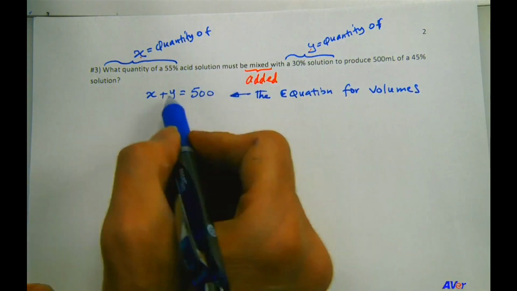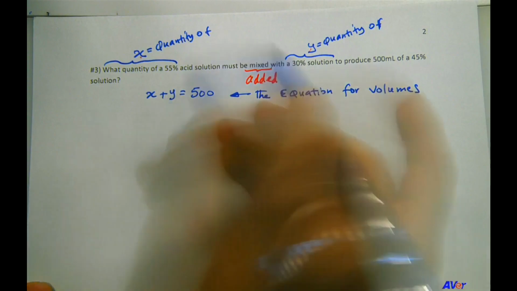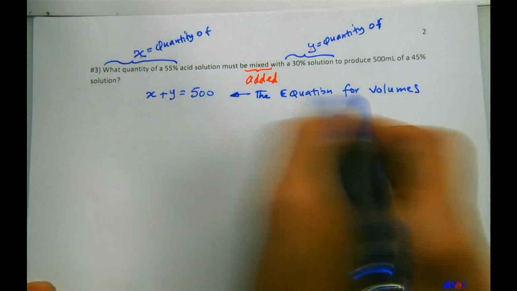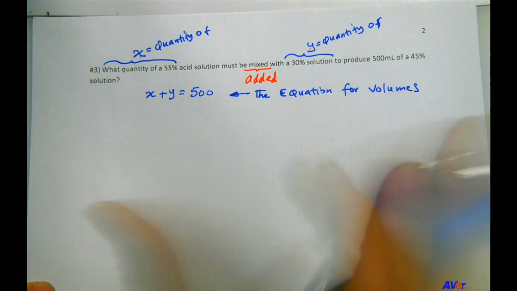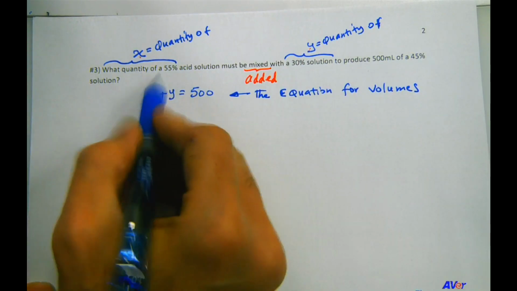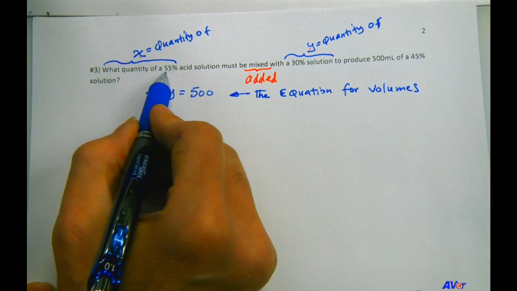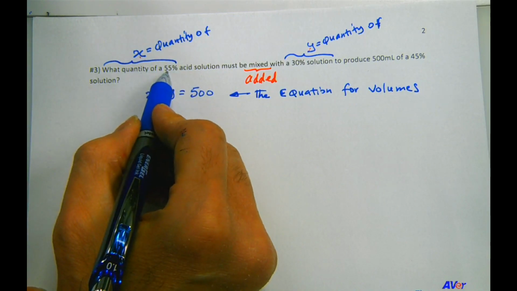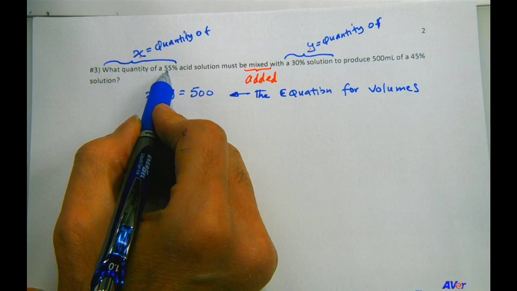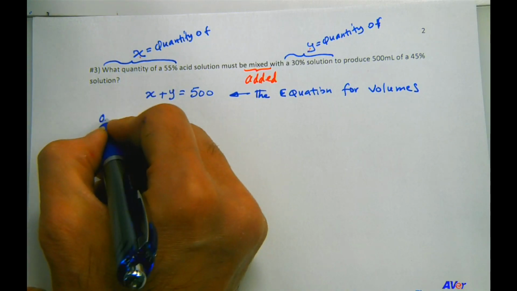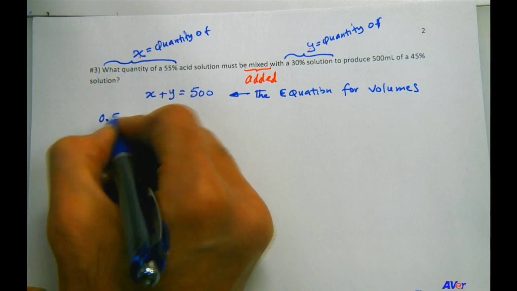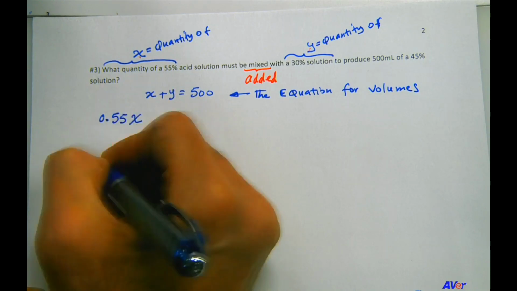So let's use another equation to do that. The equation for the acid concentration would be this. For the X quantity, that happens at 55% concentration, right? So that's 55, so 0.55X, right?